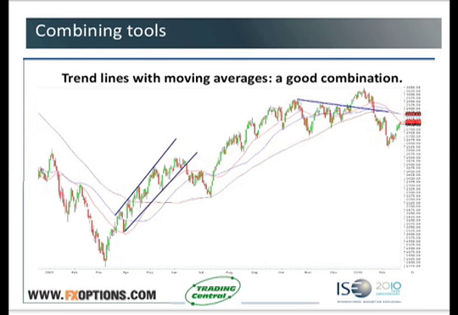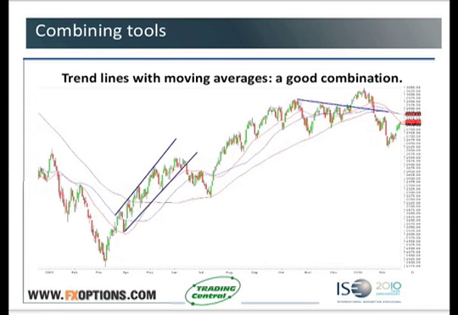But in combination with moving averages, you can have a certain confirmation of a downside or upside breakout of a trend line. So if you have a breakout on the trend line and also the confirmation with moving average, we have two arguments to be confident to take either a long position or a short position.